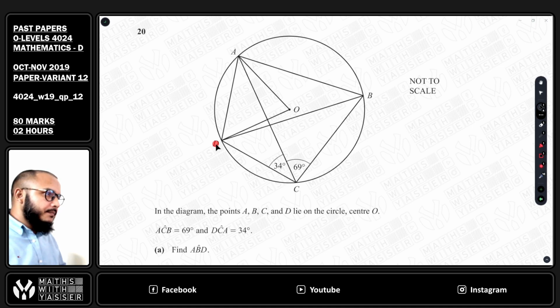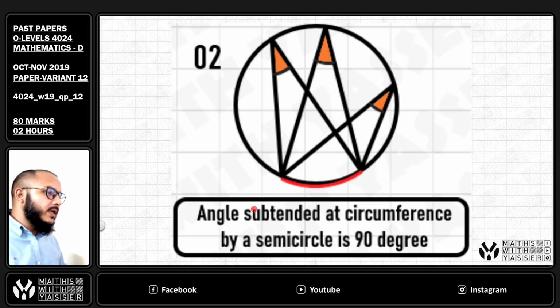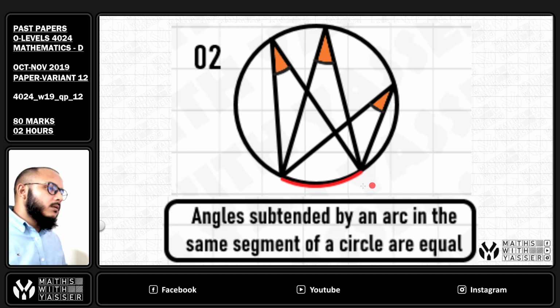So if we use this rule, then we can solve this question. As you can see in this diagram, it says angle subtended at circumference. The rule would be: angles subtended by an arc in the same segment of a circle are equal.